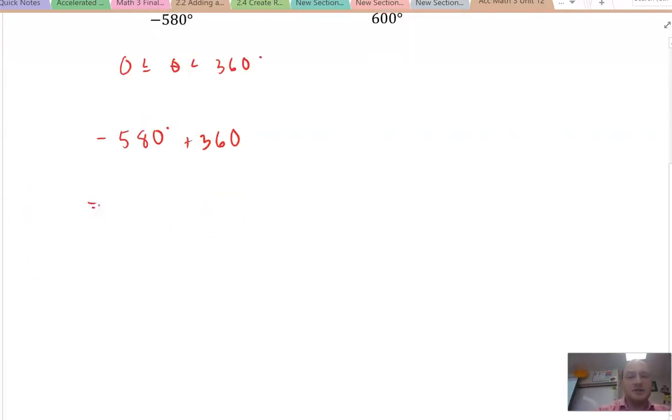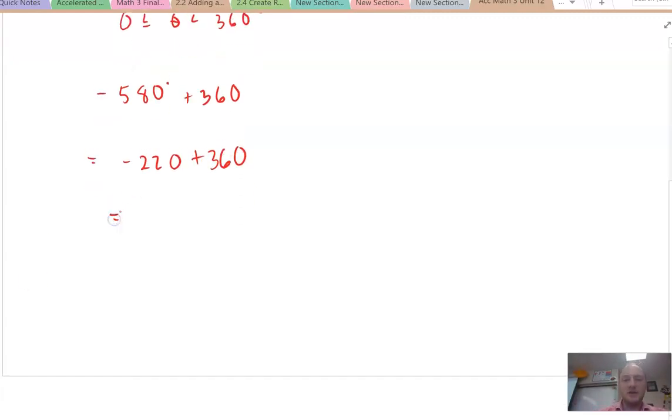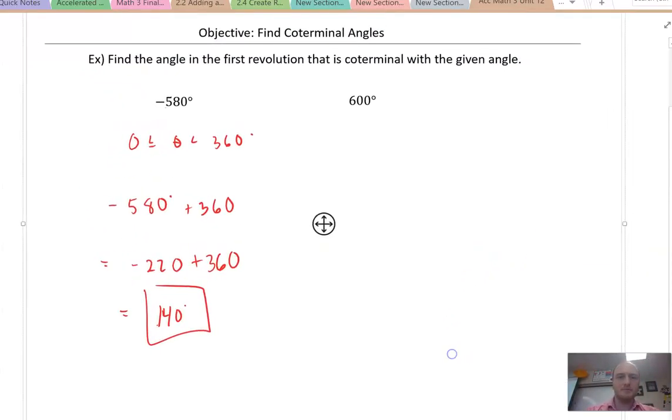Okay, so I do this, and we get negative 220. So I'm still out of the first revolution, so I need to add 360. Okay, and I do this, and we get a positive 140. Okay, that's in the first revolution.